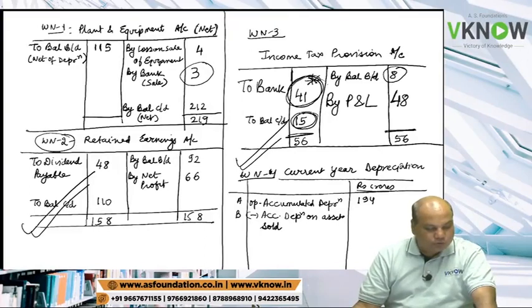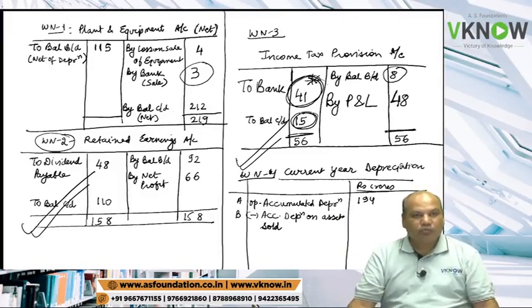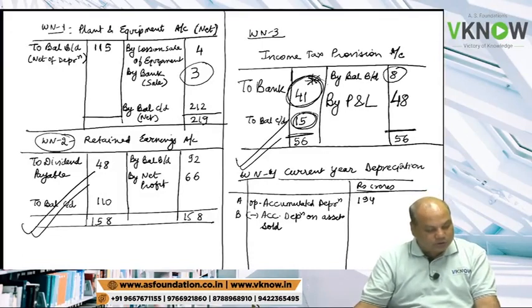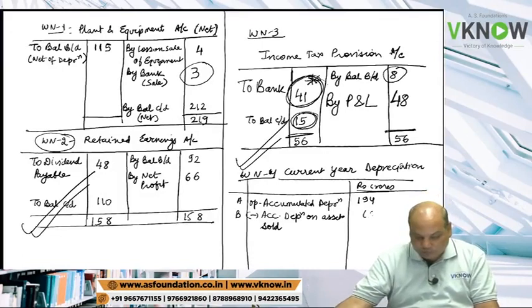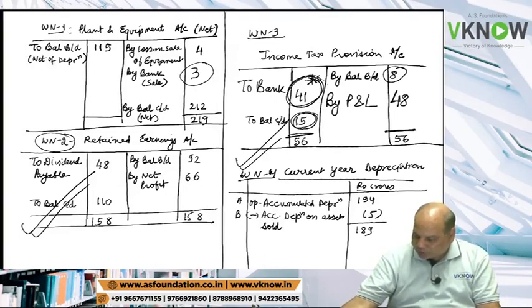If you have sold some asset, accumulated depreciation is removed because that asset is not there now. Accumulated depreciation on asset sold is 5 crore. So the balance here is 194 minus 5, 189.